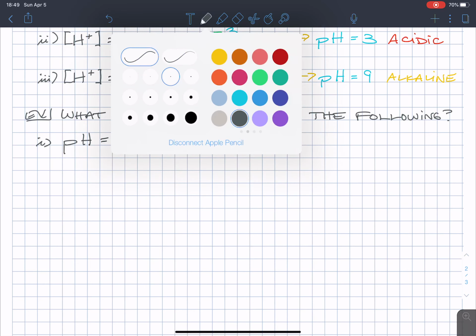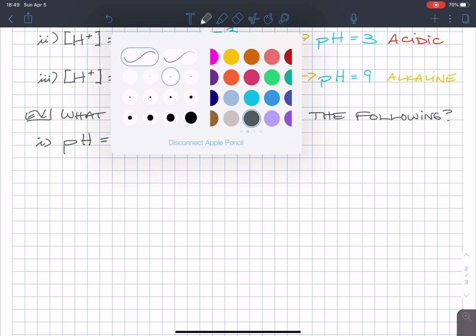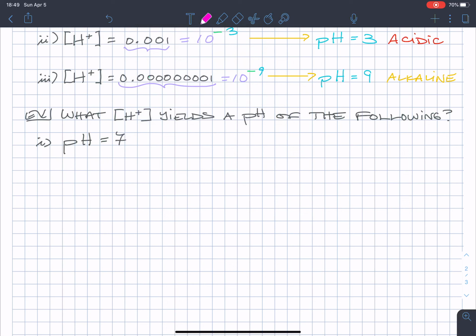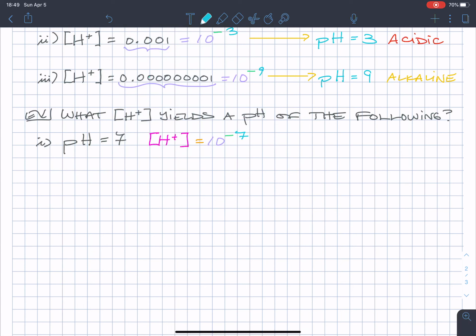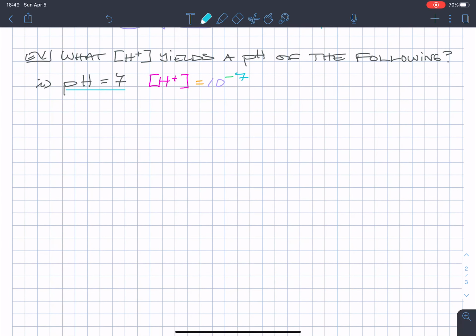Well, that must mean that my hydrogen concentration is equal to 10 to the negative 7, right? Because the pH is the exponent that's positive. So 10 to the minus 7 is a hydrogen concentration that yields a pH of 7.